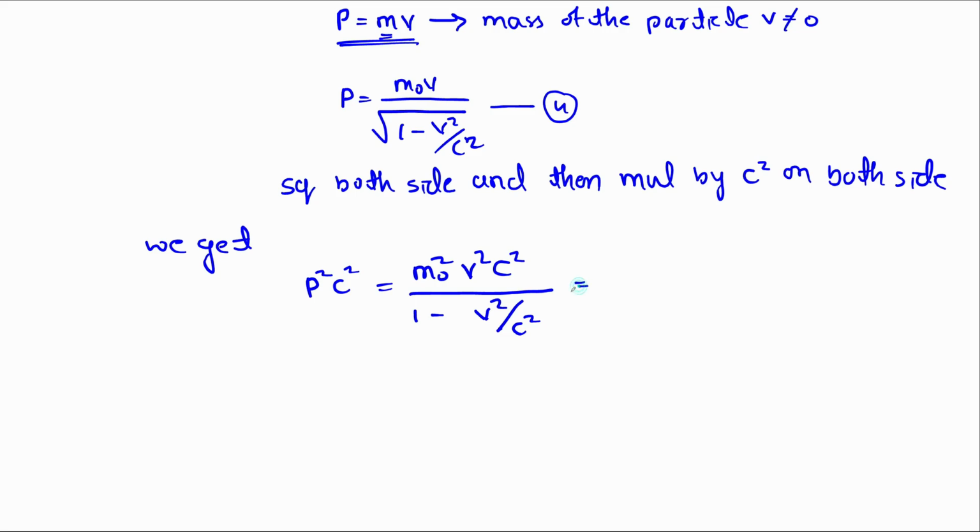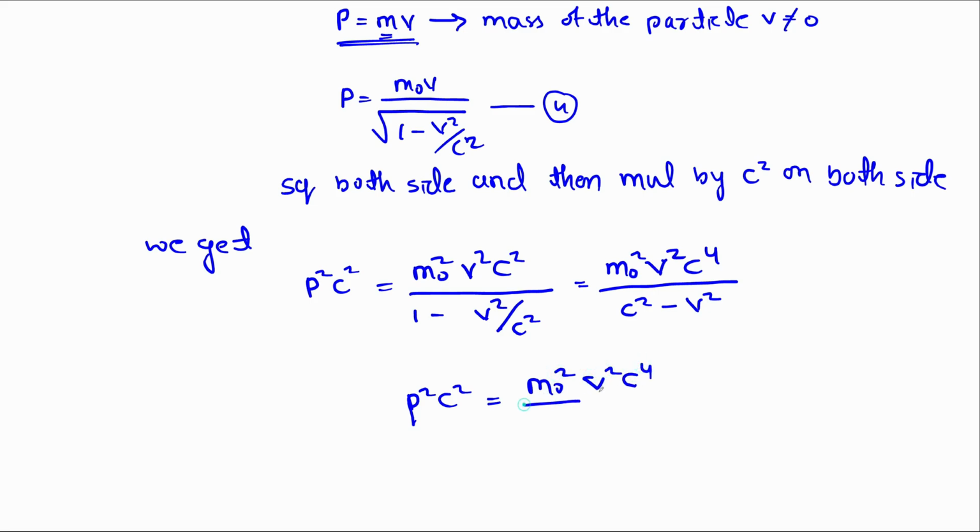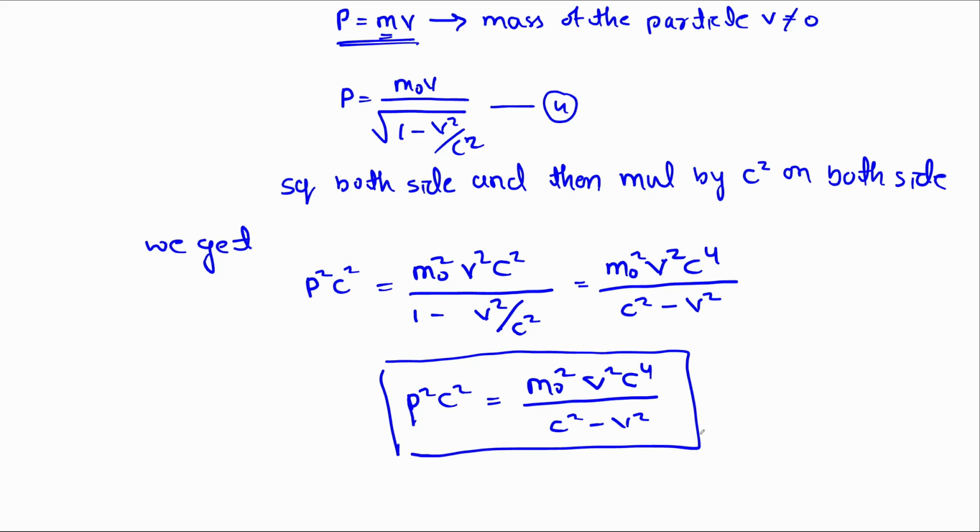So just rearrange the equation, we will get m naught square v square c raised to 4 divided by c square minus v square. So rewrite the equation, p square c square equals m naught square v square c raised to 4 divided by c square minus v square. Now keep it inside the box and let us consider it as equation number 5.